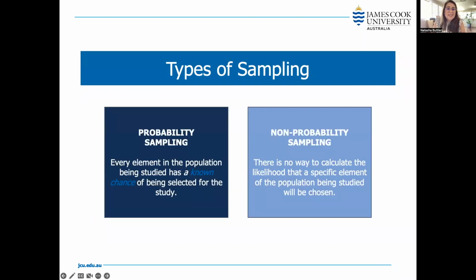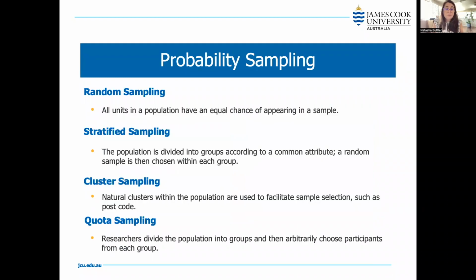So for example, in probability sampling there's a 50% chance that a female or a male can be selected for this study. Whereas non-probability sampling means that there's just no way to calculate. We just don't know what that element of the population is going to be.